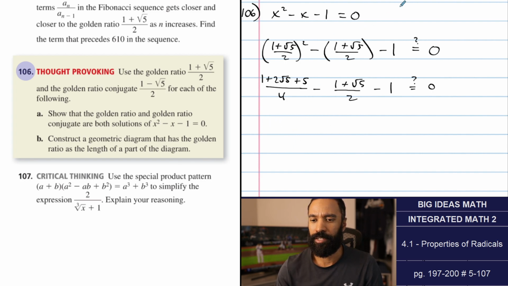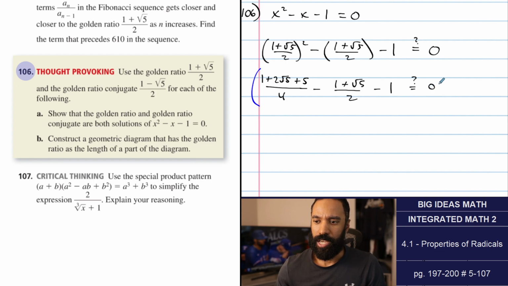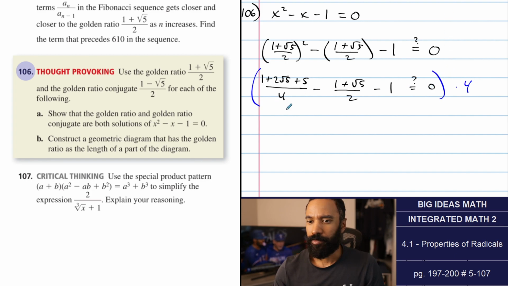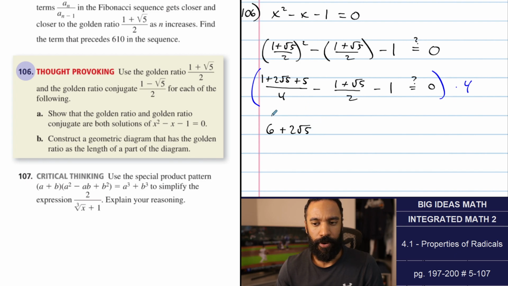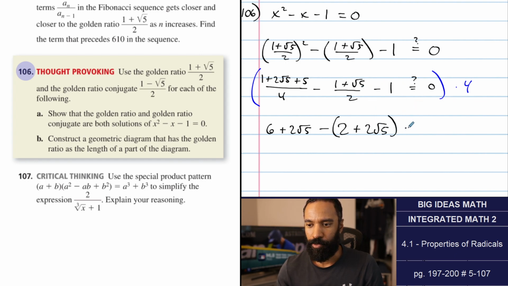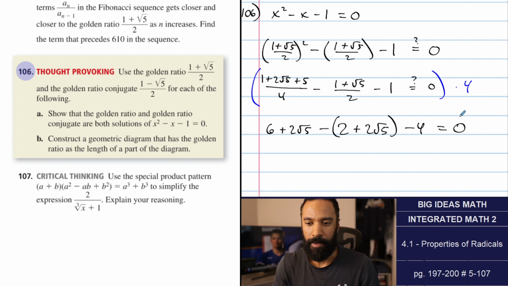Now 1 plus 5 is 6, so I just got 6 plus 2 root 5. Now over 4 is no longer there. Now when I make this times 4, 4 divided by 2 is 2. 2 times 1 is 2. 2 plus 2 root 5. And then 1 times 4 is 4. Okay, made everything 4 times bigger.